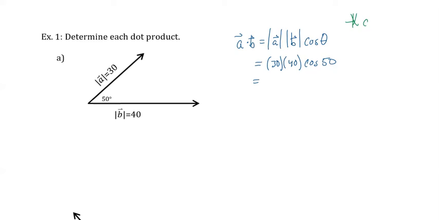What do you get? Who's got an answer? Who's got an answer? Negative 1,895.8. Negative that 8.